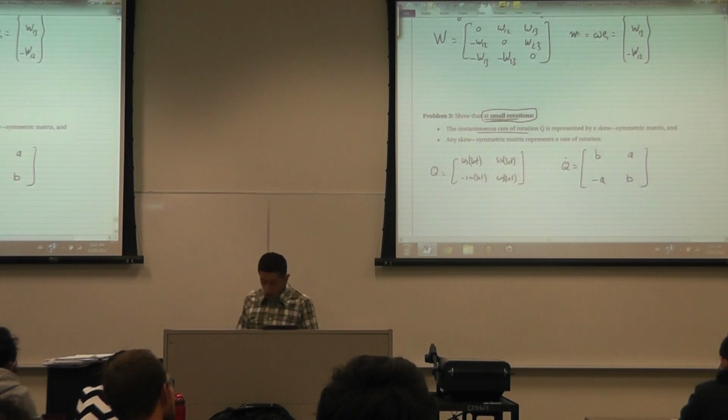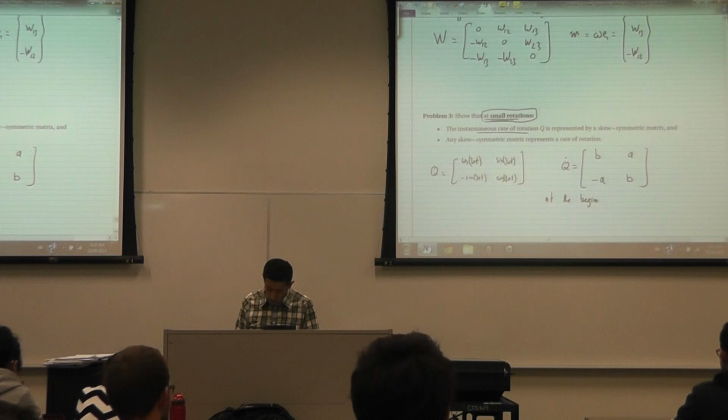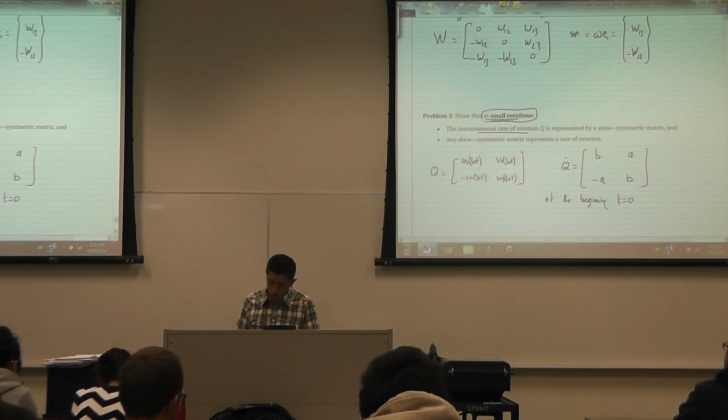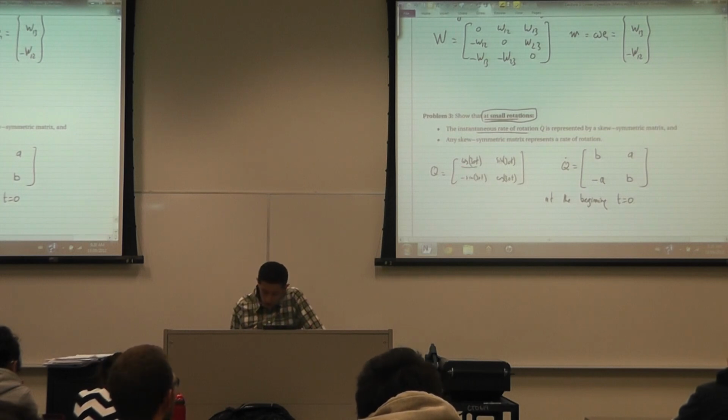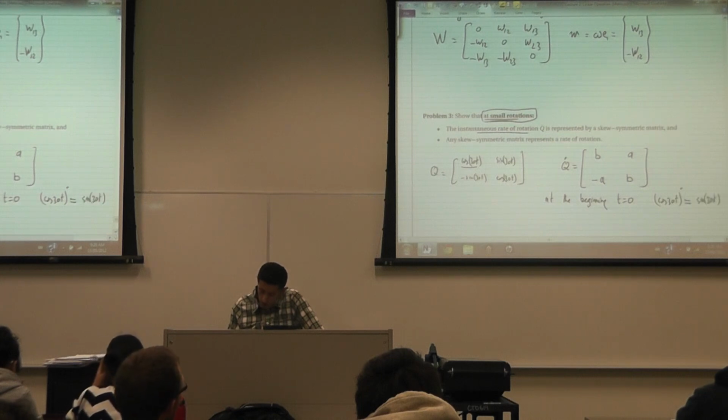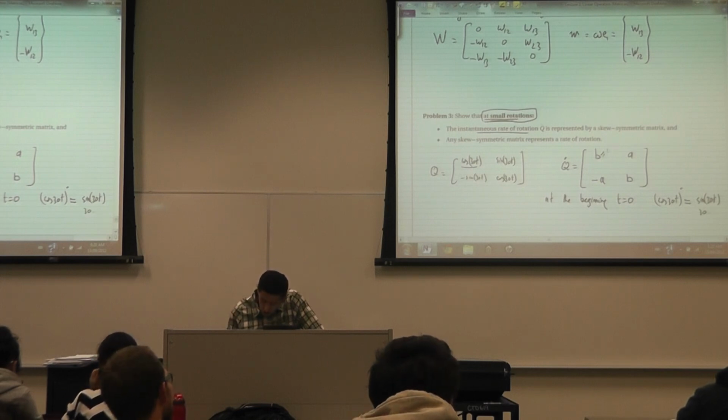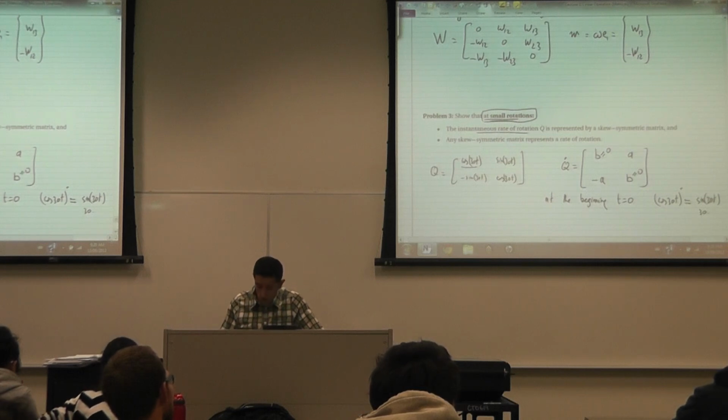At the beginning of the rotation, t equals 0. The derivative of cosine 30t is related to sine 30t multiplied by 30, which means that this will be 0, since sine 0 is 0.